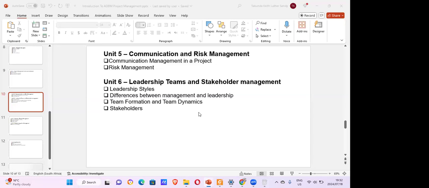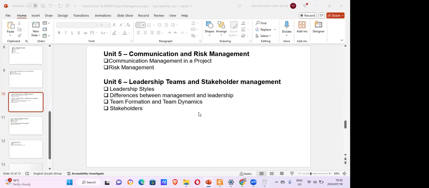Team formation and team dynamics: how we develop project management teams, and how we maintain the cohesion between those team members. Because these team members, remember, have different backgrounds and different cultures. So you need to make sure that when you form them, you form a cohesive team that works together for the common good and for the common cause.